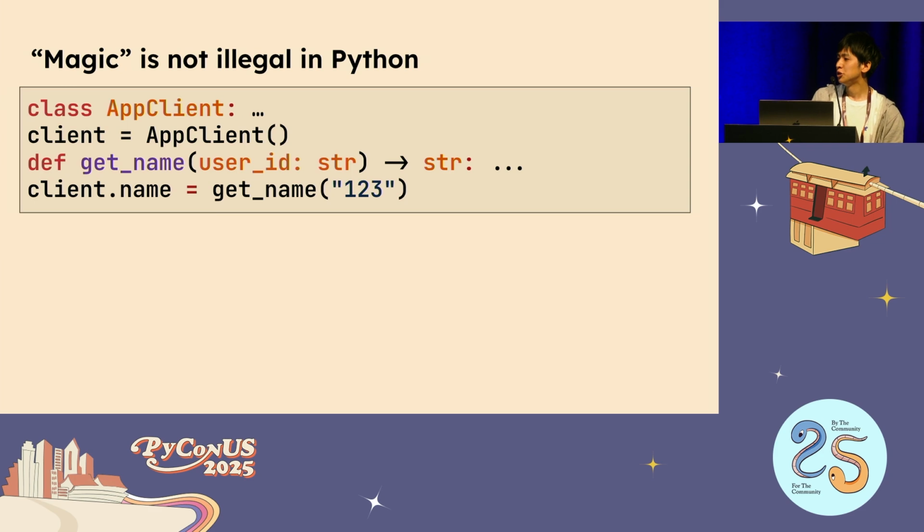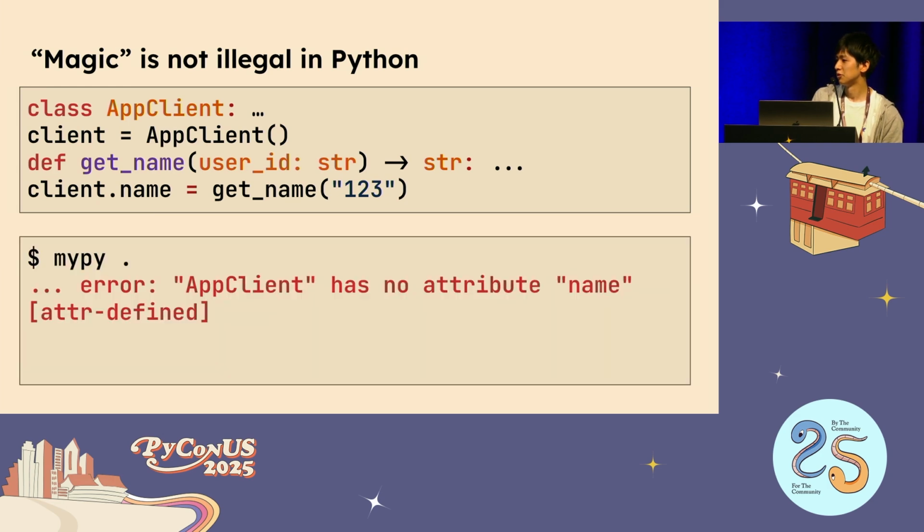And we should assign the result to client.name. But Pyright errors: AppClient has no attribute name. But this is magic. AppClient doesn't have a name attribute, but the magic is not illegal in Python.